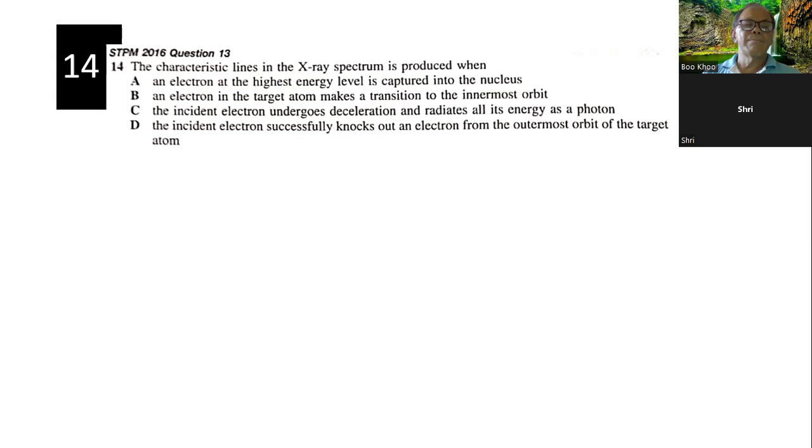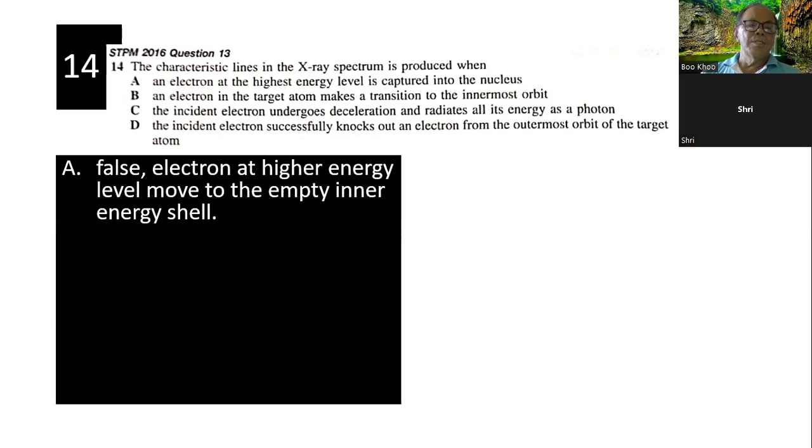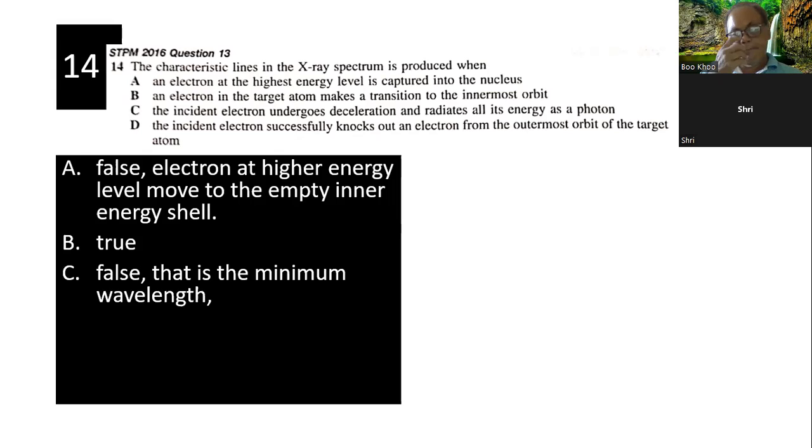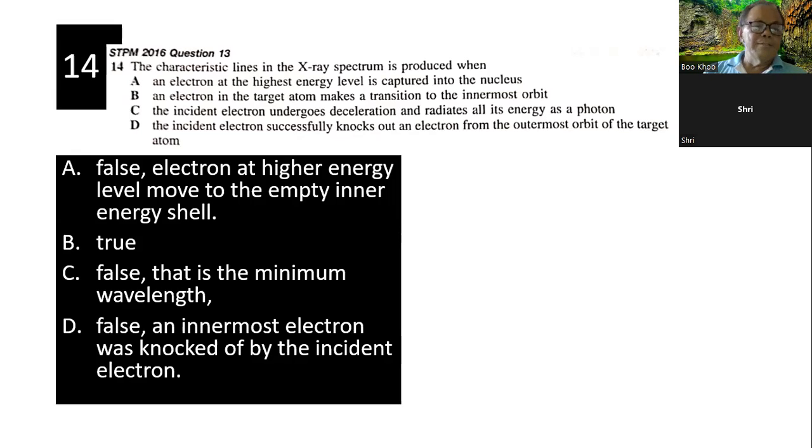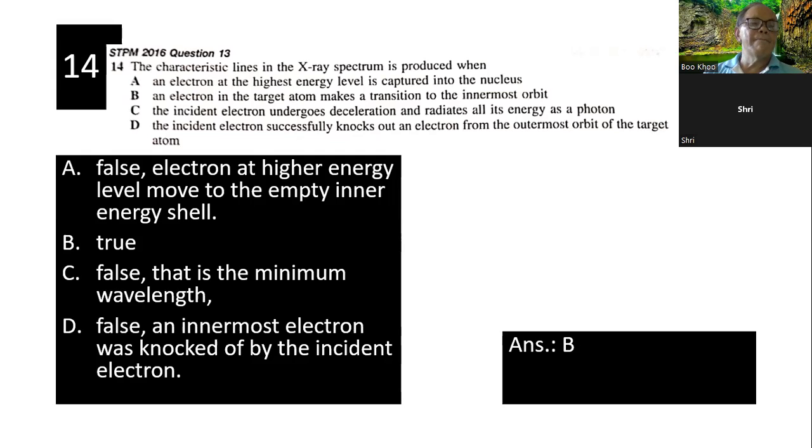Okay. The incident electron knocks out the electron in the inner orbit, and the electron from the outer orbit moves in to fill up the inner shell. So electromagnetic radiation is emitted when the electron moves to the inner orbit. Okay, good. B.